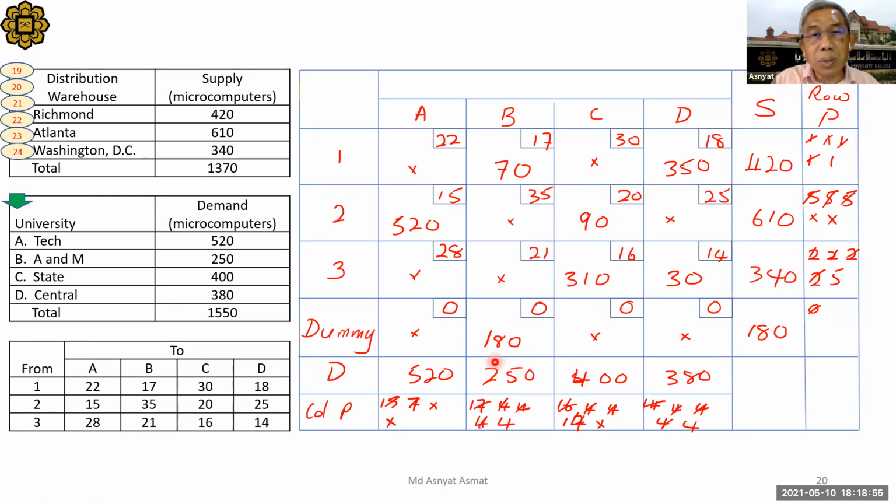How much does this destination actually get? Only 70, because this is a dummy, fictitious supplier. That means University B has to get supply of the computers from somewhere else. Okay, this I think you can use the MODI method.